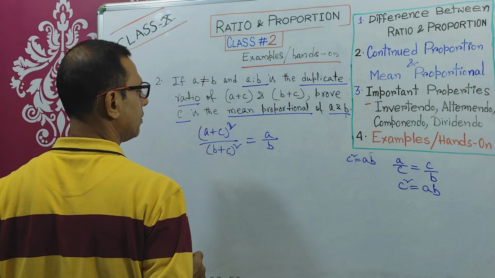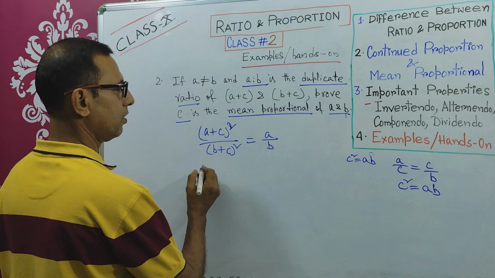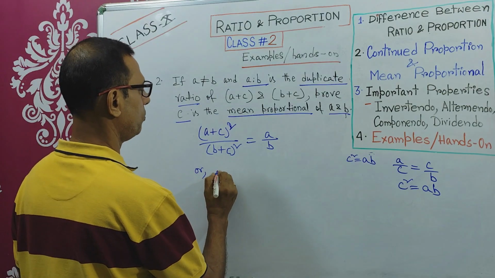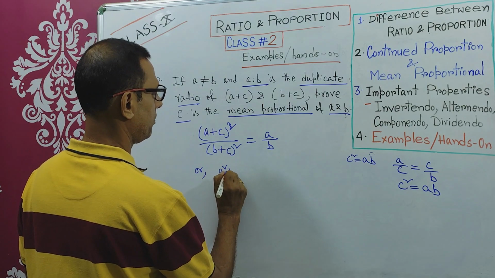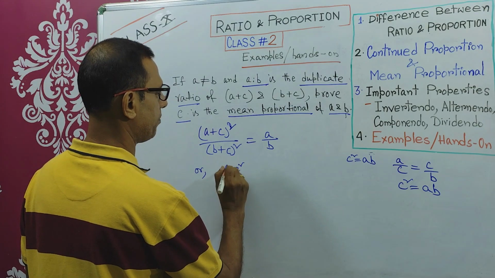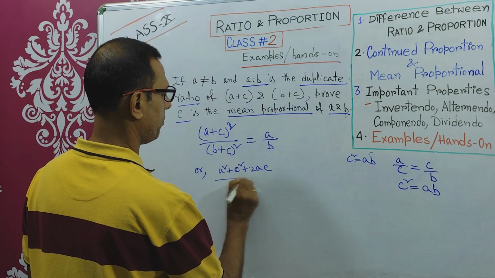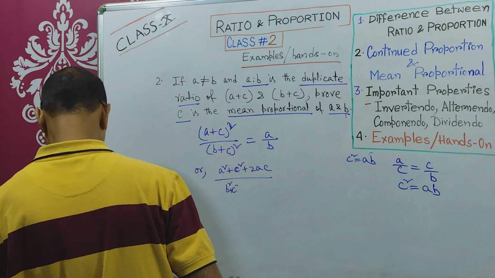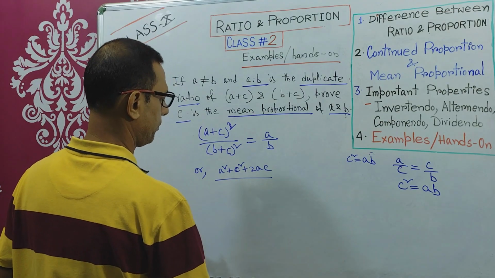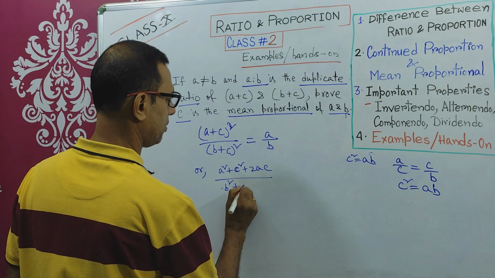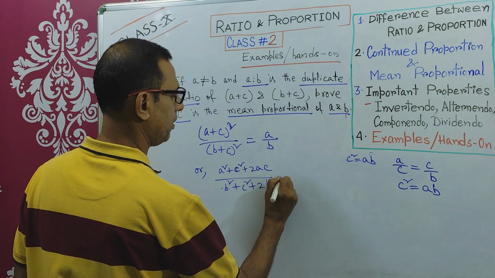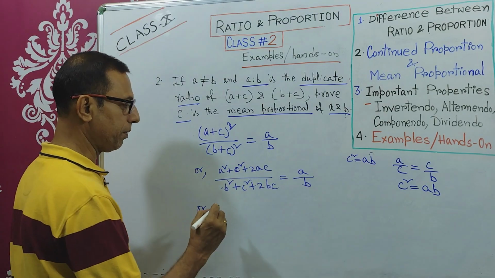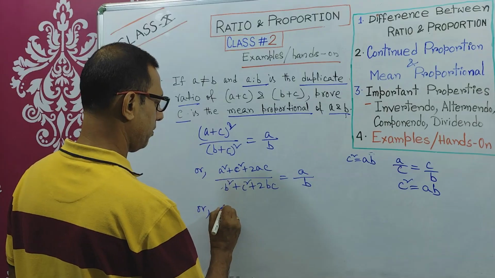How will you prove that? Just break it: A plus C whole square by B plus C whole square equals A by B. Just do cross multiplication, so I am multiplying this B with this.